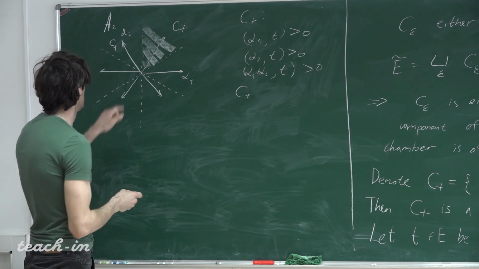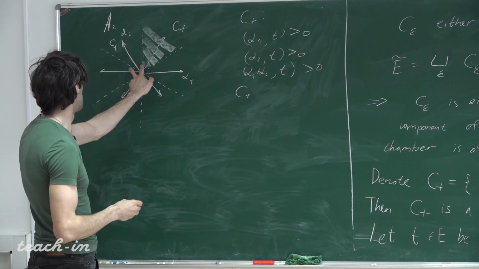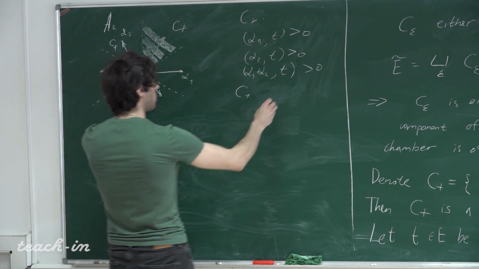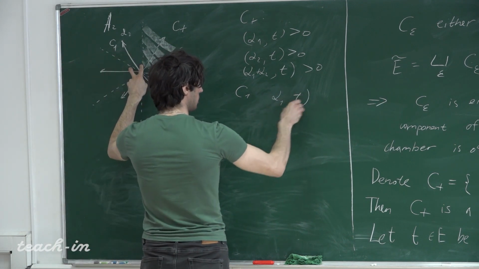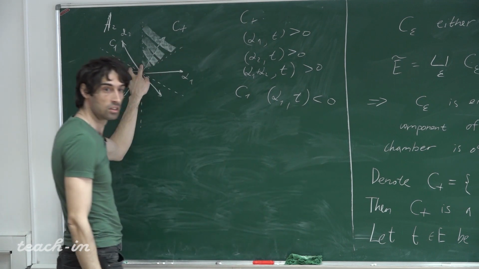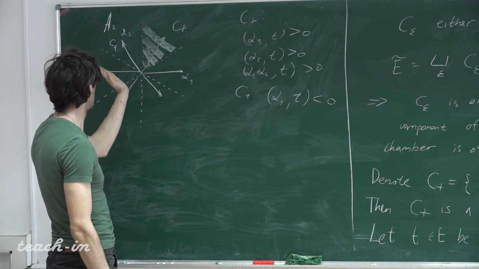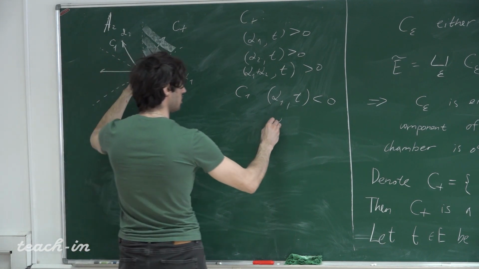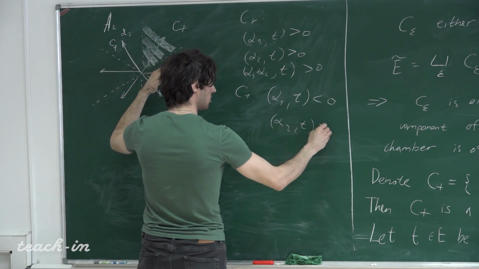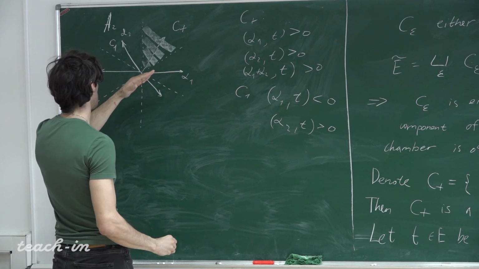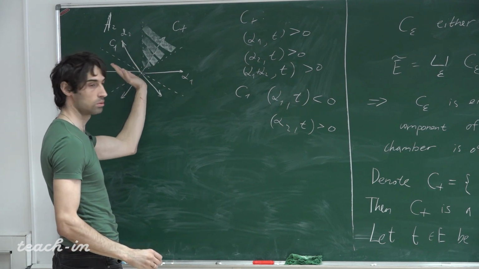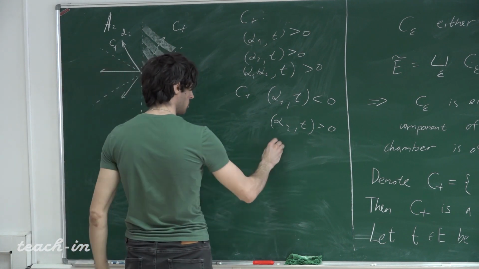For C1, I have what? So I have alpha 1 t less than 0, right? Then alpha 2 t is greater than 0. And then another condition that I have is with alpha 1 plus alpha 2, t is greater than 0.